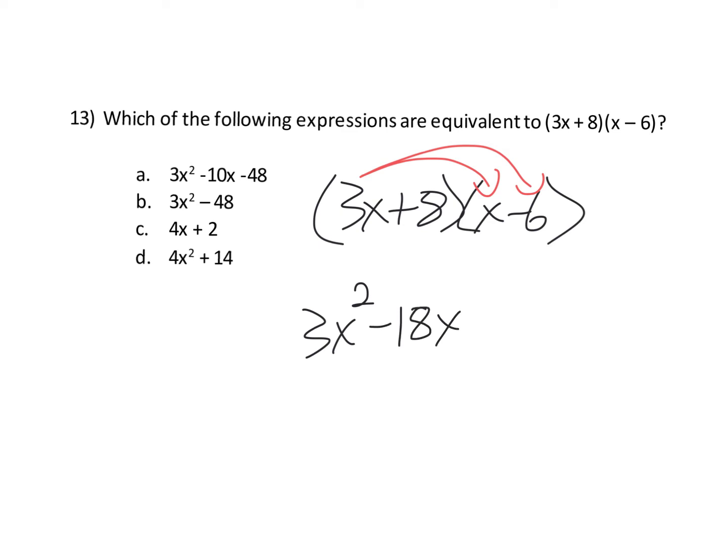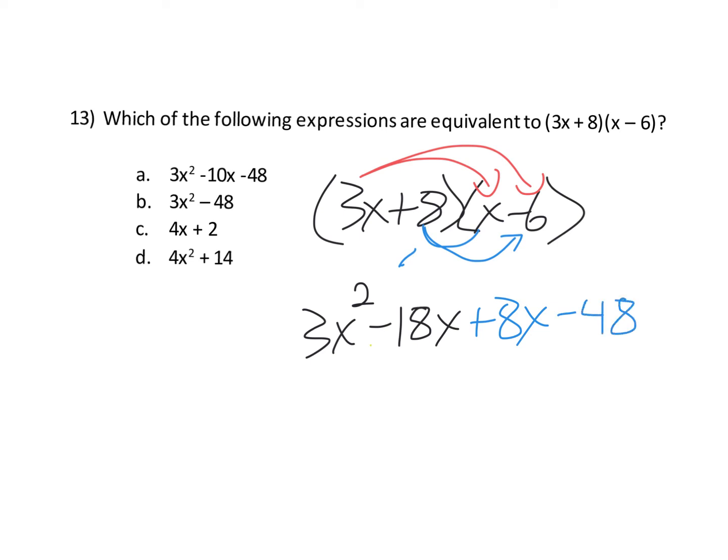All right, then we're going to go to the second term in the first expression, the 8, and multiply it times both of these terms in the second expression. So 8 times x is 8x, so plus 8x. Then we have 8 times negative 6, and 8 times negative 6 is minus 48.